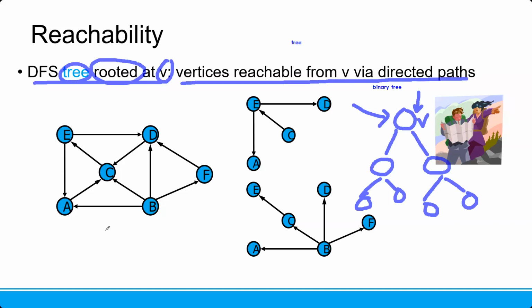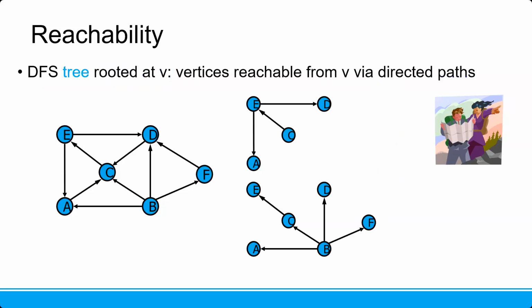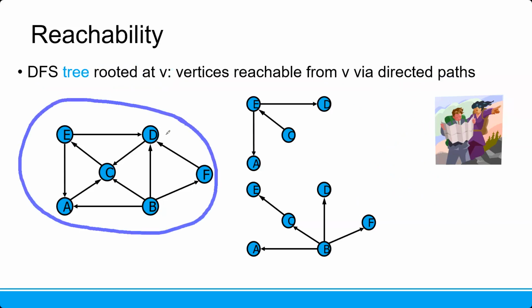So for example, using this graph, now I want to start from C. Then there will be a tree. The tree is this one, from C to E, and then from E to A, from E to D.